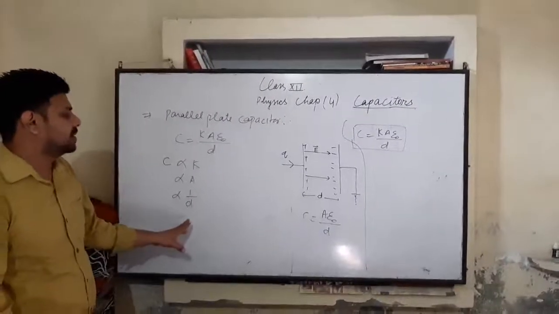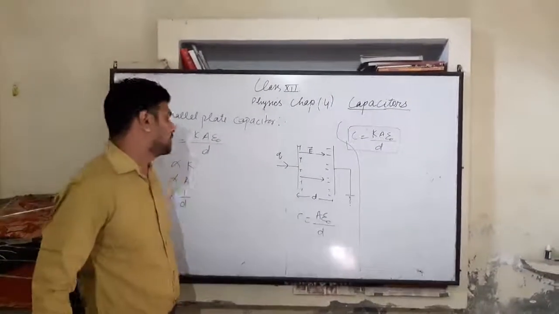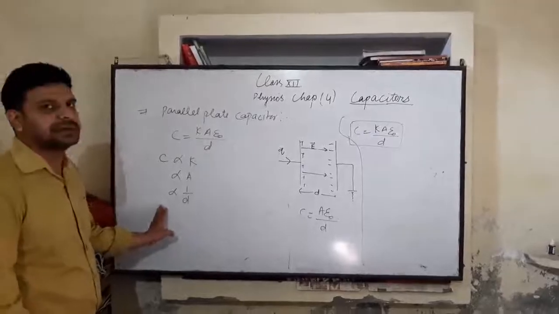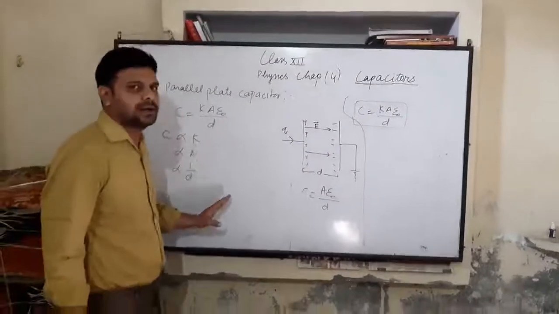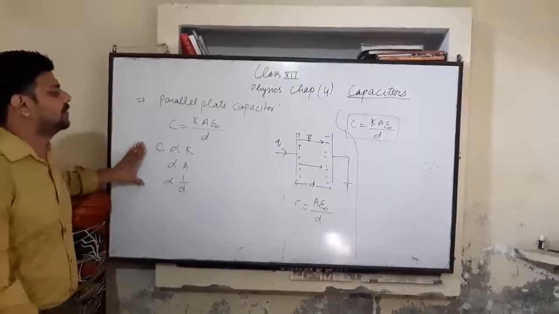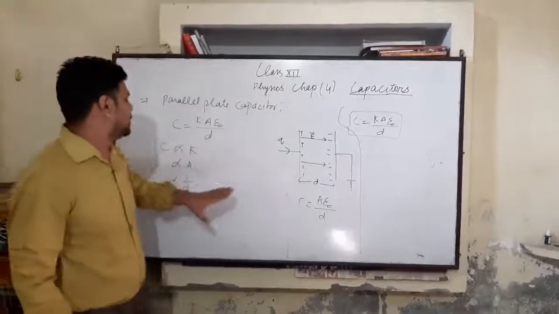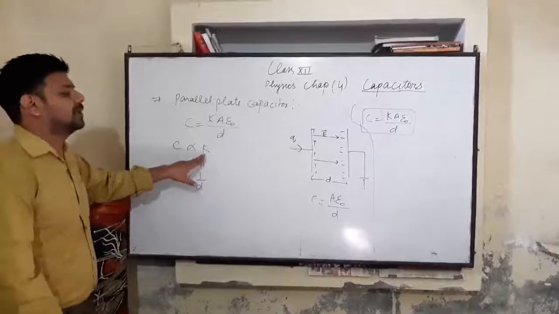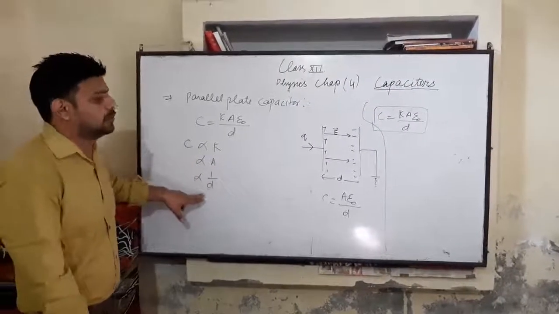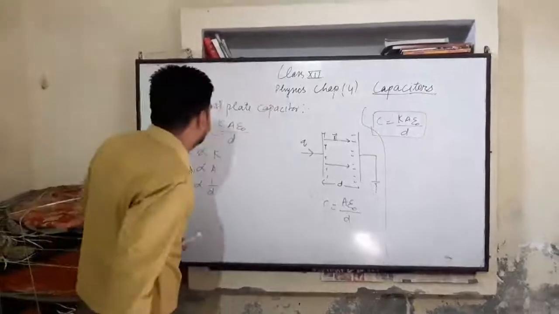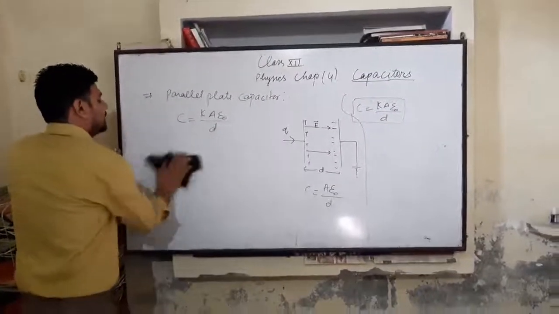If we decrease the distance between the plates, then the capacitance also increases. These are the three factors on which the capacitance of a parallel plate capacitor depends: directly proportional to K, directly proportional to A, and inversely proportional to d. This is the parallel plate capacitor.